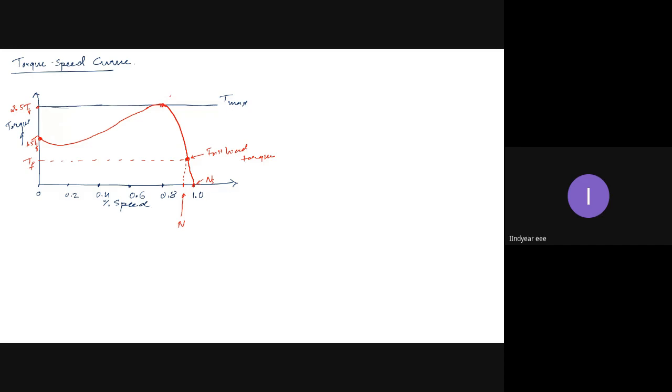Okay, and this torque is breakdown torque, or pull-out torque, or maximum torque. Okay, this torque, the dip, the minimum torque, is called pull-up torque.